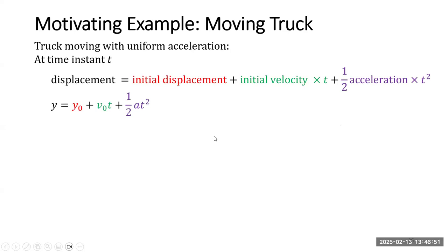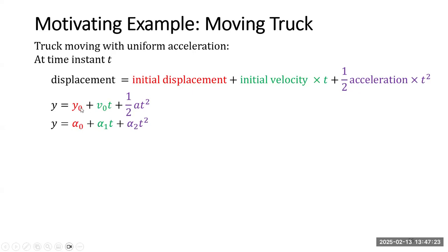Okay, so this is the expression. So in general, this is what we have. These are unknowns. We can record the time. The unknowns are the initial displacement, the initial velocity, and the acceleration.